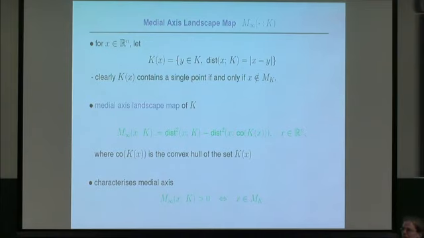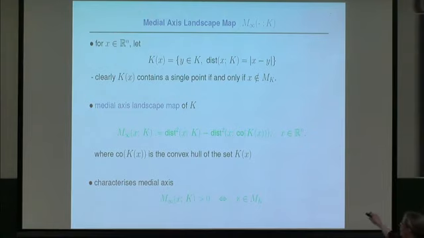So this is just the set of points in k at which the distance to the set k is attained, right? And then we define the medial axis landscape map of k in the following way. So we take the squared distance of x from k, and then we subtract off the square distance of x from the convex hull of k of x, right?